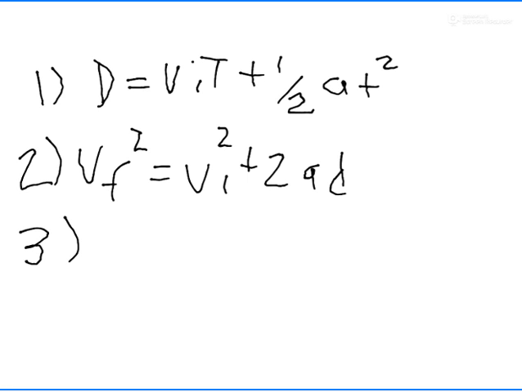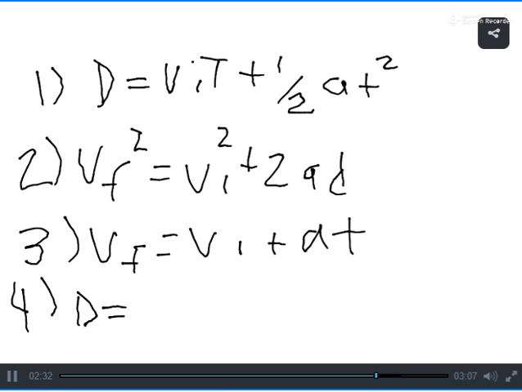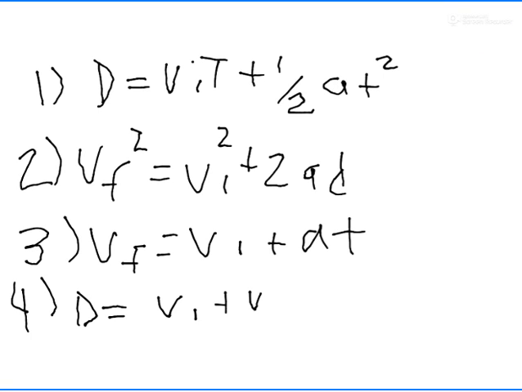The third equation is VF equals VI plus AT. And your fourth equation is D equals VI plus VF divided by 2 times time.